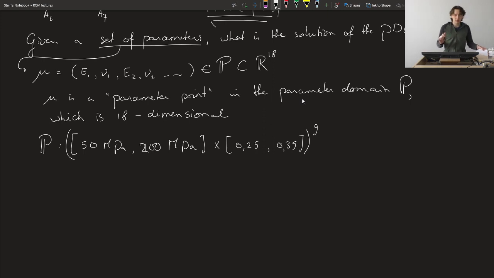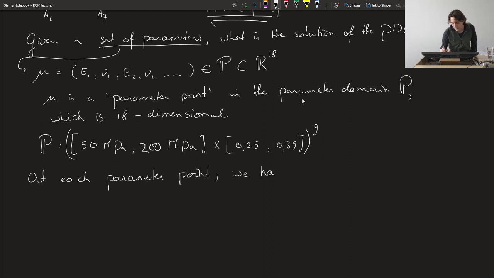Okay. So a parameterized PDE, what that now means is that at each parameter point we have a new partial differential equation, parameterized partial differential equations.